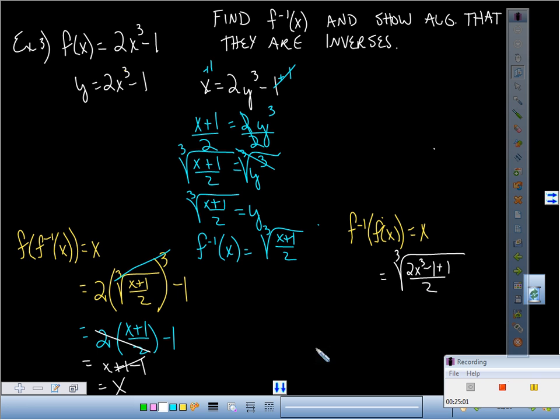Do the 2's cancel out? No. The 1's cancel. So now I've got the cube root of 2x to the third over 2. Can I take the cube root right now? No. You have to cancel the 2's out. Now you have the cube root of x to the third, which is x, and there we go.